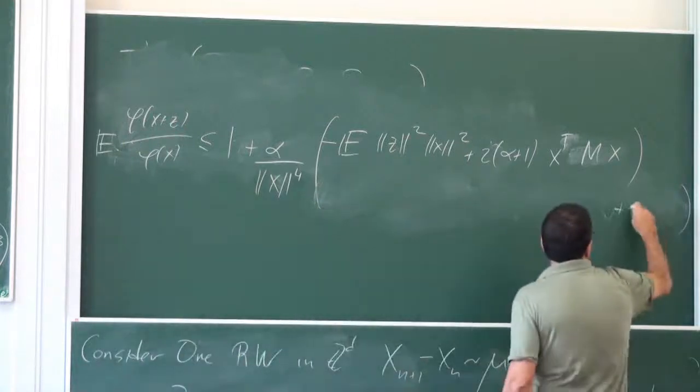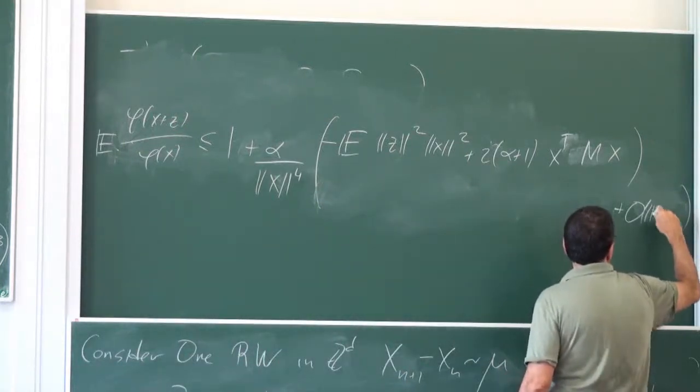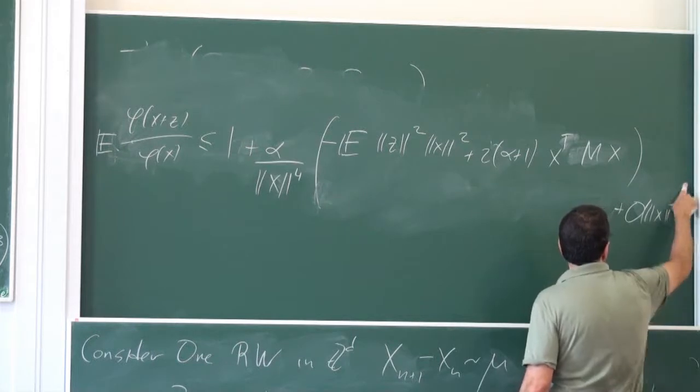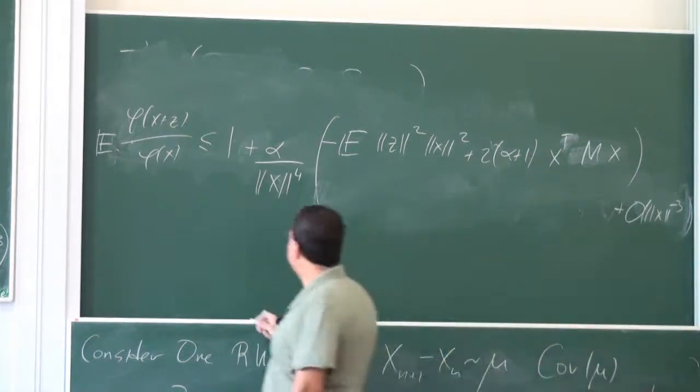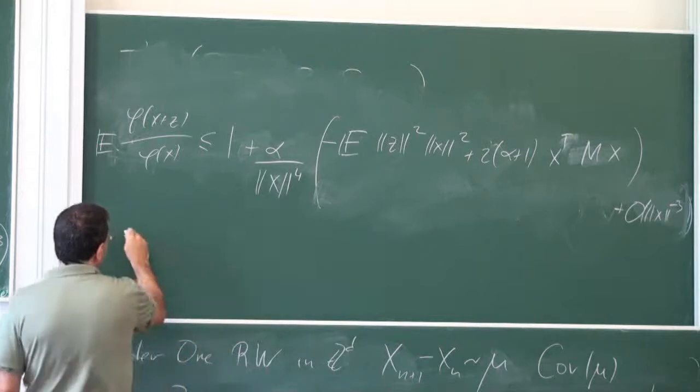Okay, plus norm x to the minus 3. Okay, and we're almost done here.